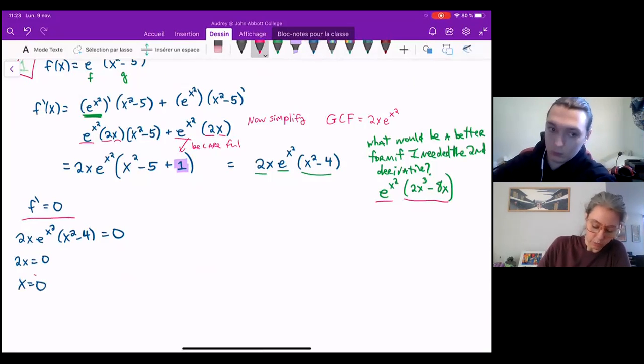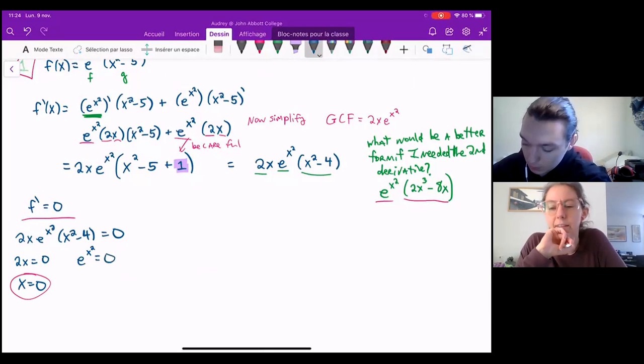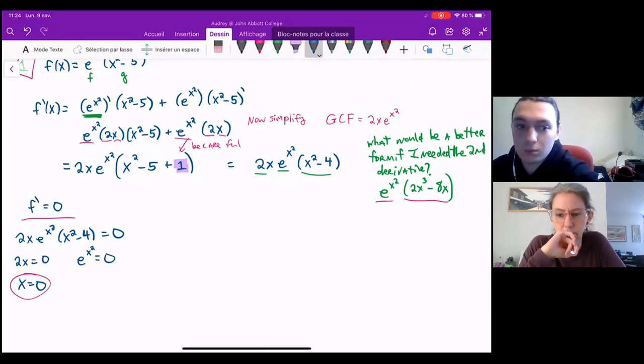So I get x is equal to 0. What about e to the x squared equals 0? Does that ever happen? And if so, where? E to the 0 is 1.